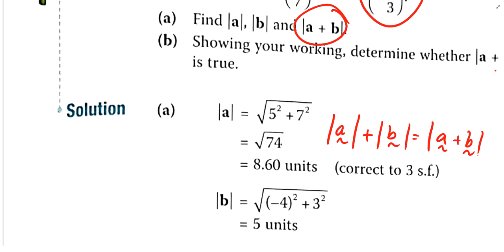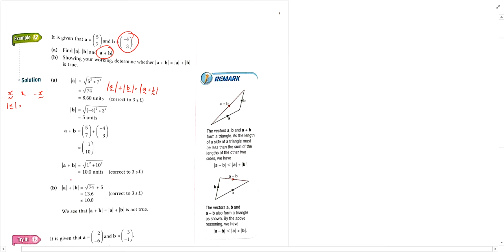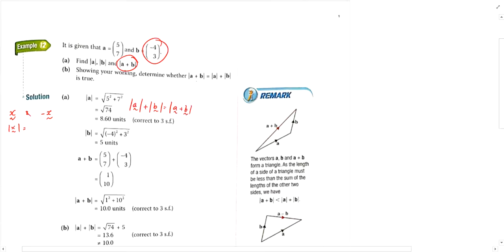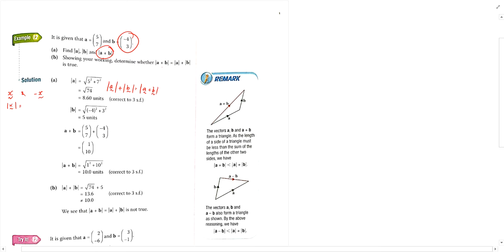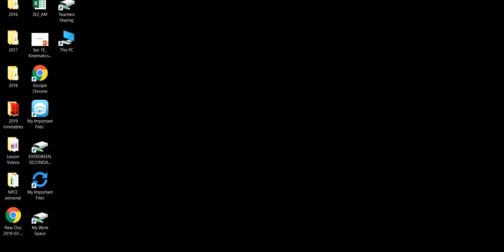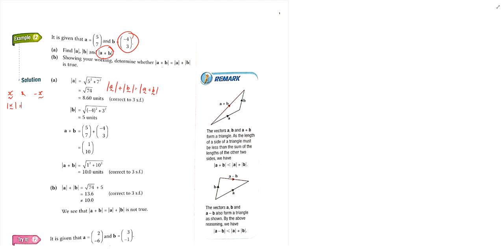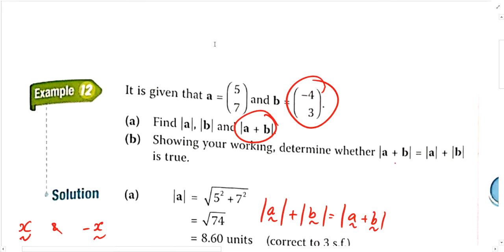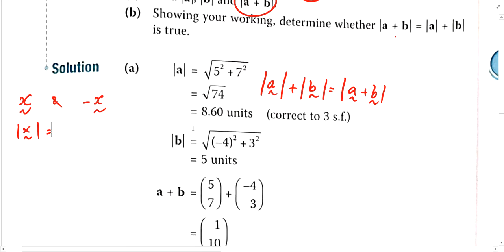If I try to draw, okay, I give you an example first. Let's say I've got vector x and vector negative x. What is the magnitude of vector x? The magnitude of vector x is the same as the magnitude of negative x, right?